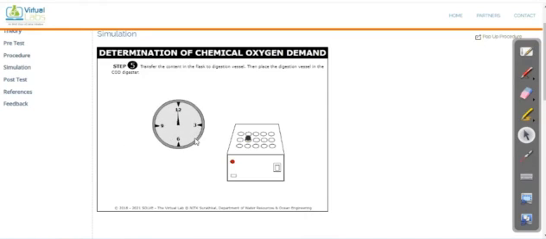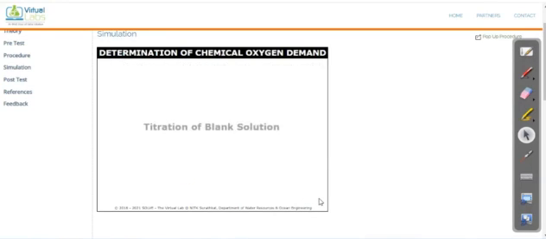And once the 2 hours are completed, click here, stop the digestion vessel, then remove this one. Allow it 30 minutes to cool. Click here. Now the titration of the blank solution.